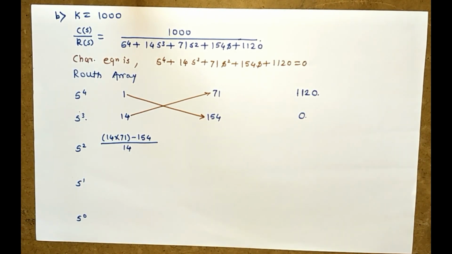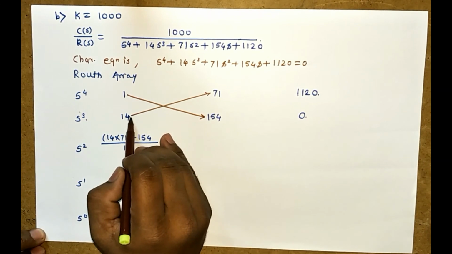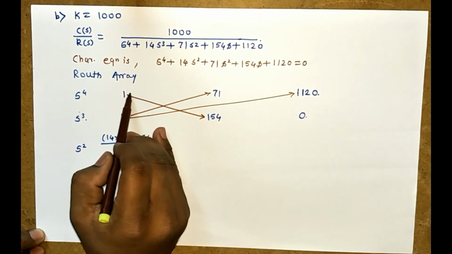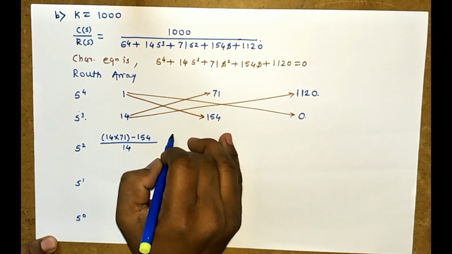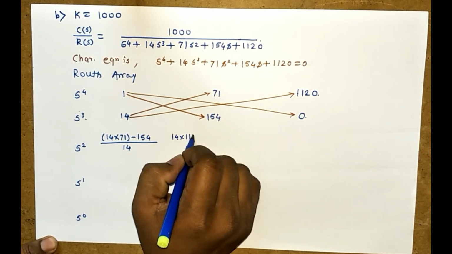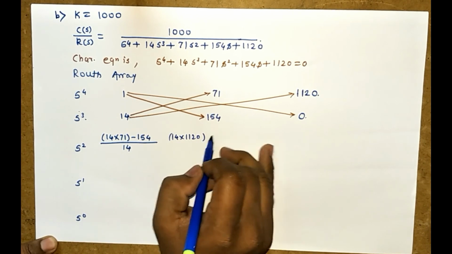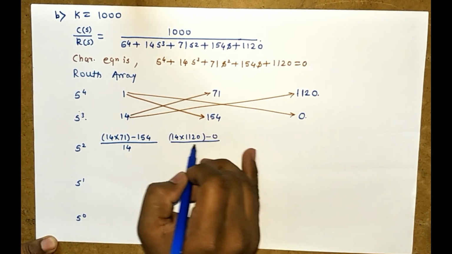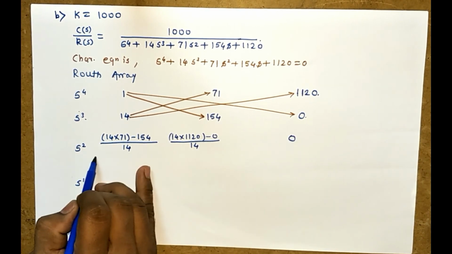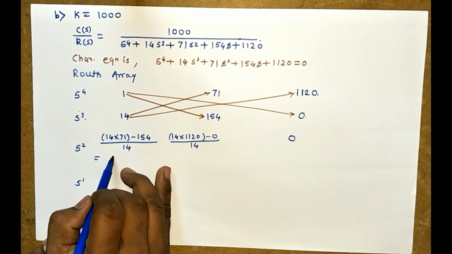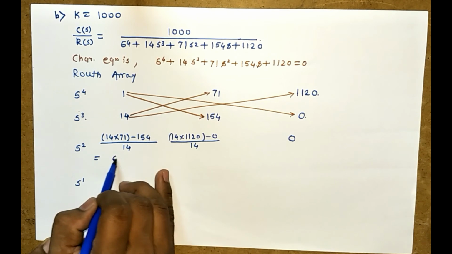Now the next element, 14 into 1120 minus 1 into 0 divided by 14. The last element is 0. If you solve this, you get 60 and 1120.